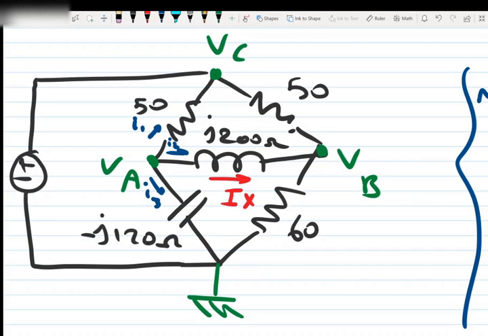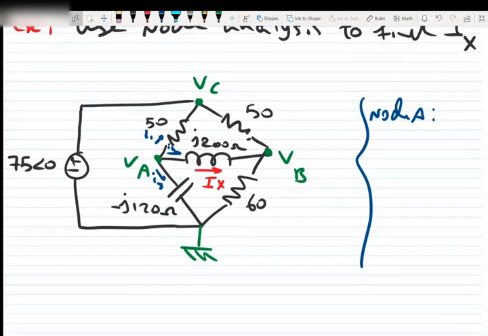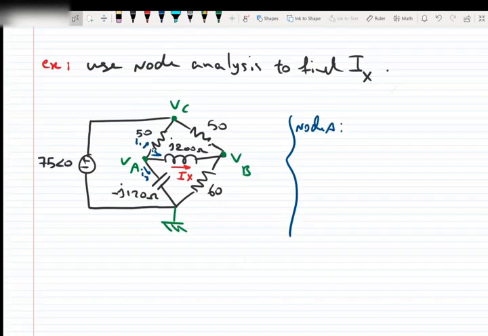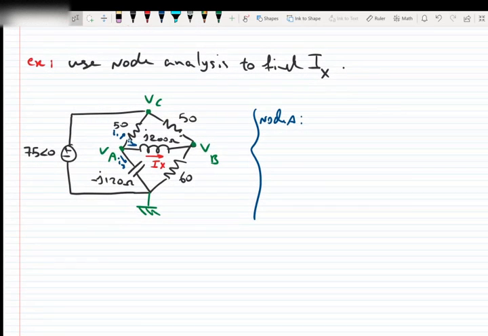Okay, in fact, we don't need to include these I's in the equations. Instead of these I1, I2, and I3, we just convert them to the voltage over the resistance by Ohm's law that we just explained a few minutes ago. So let's just do node A. The current moving from VA to VC, we say it's VA minus VC over 50.